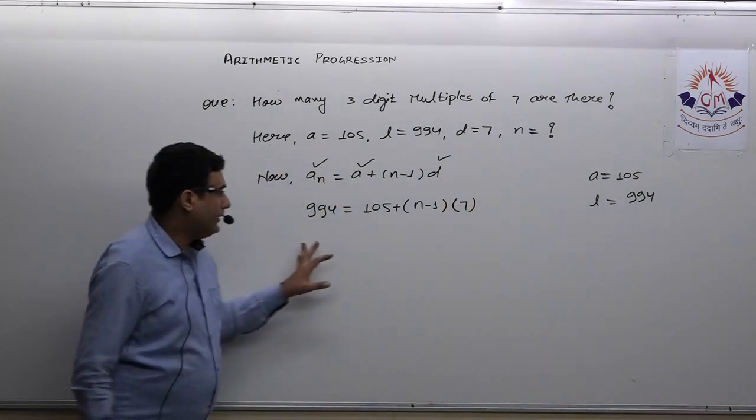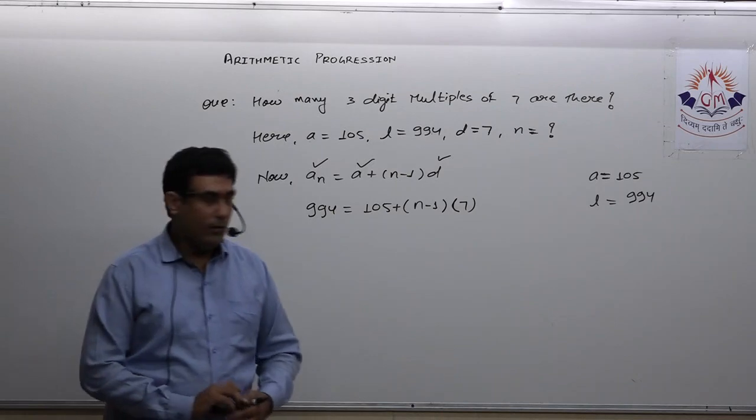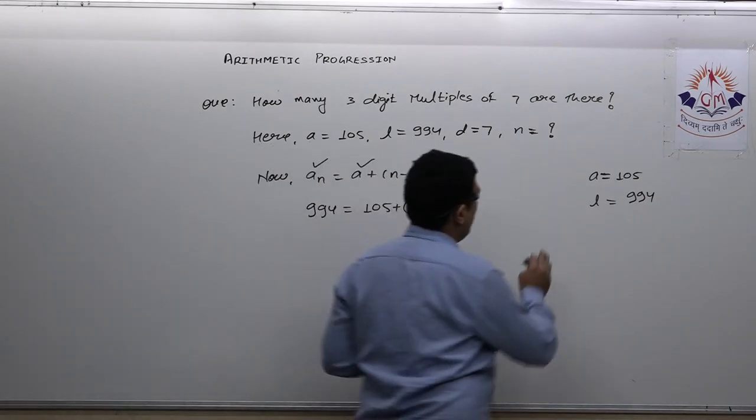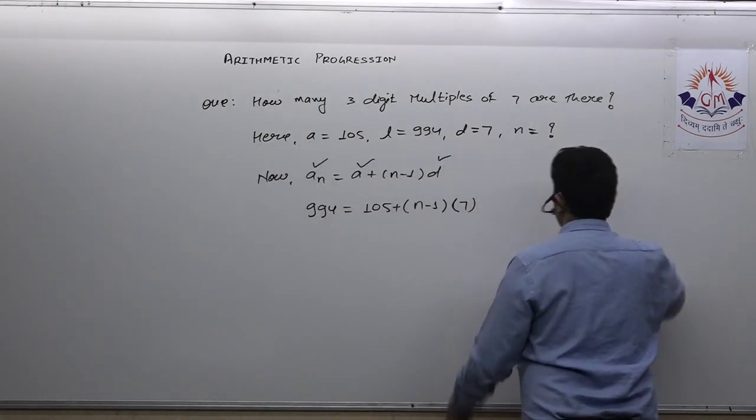By simplifying this, you will get the value of N. This is the way to get the AP.